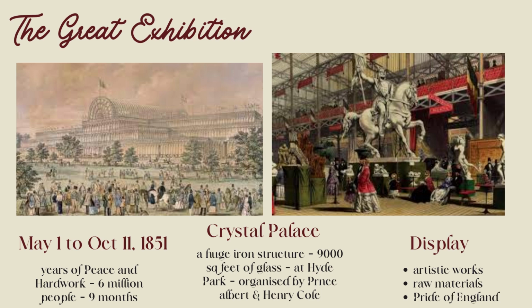The event was organized by Henry Cole and Prince Albert, who was the husband of Victoria, the Queen of the United Kingdom. And famous people like Charles Darwin, Karl Marx, and Michael Faraday all planned and judged the exhibited articles in the Great Exhibition. They were also a part of the organization.